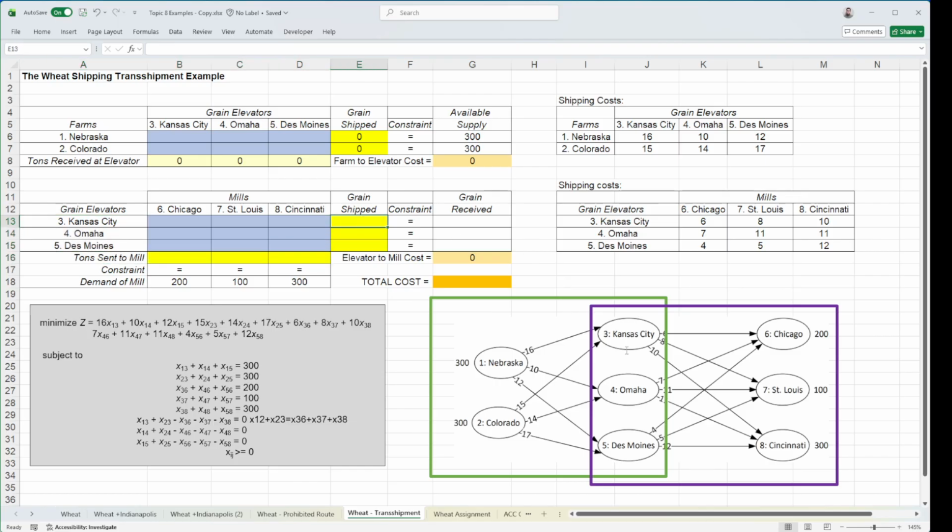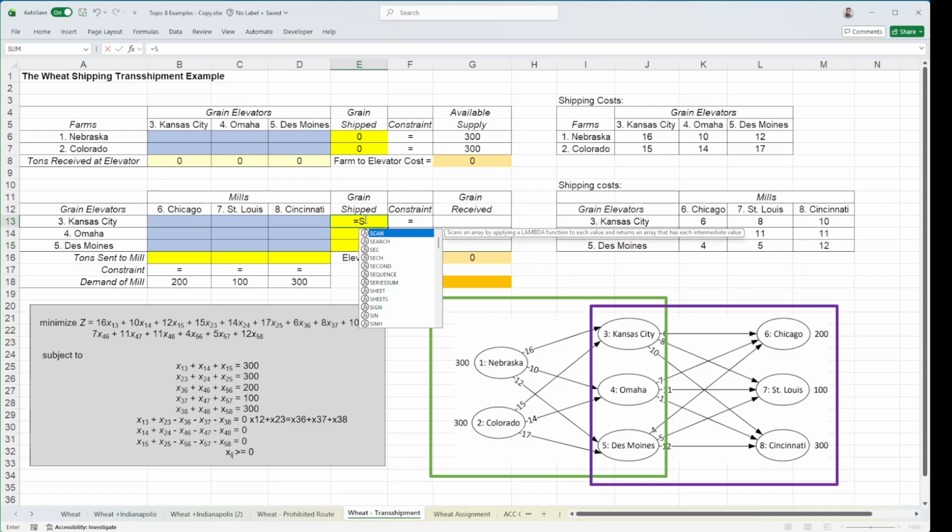Remember, we only consider the sub-network in the purple box, so these should calculate the total amount of grain shipped from the 3 grain elevators: Kansas City, Omaha, and Des Moines.